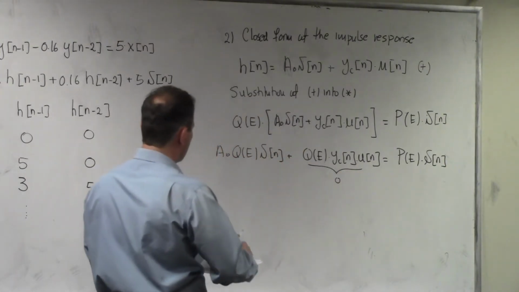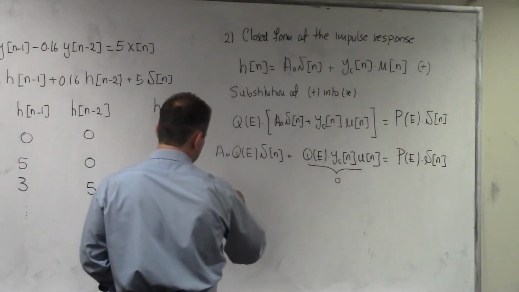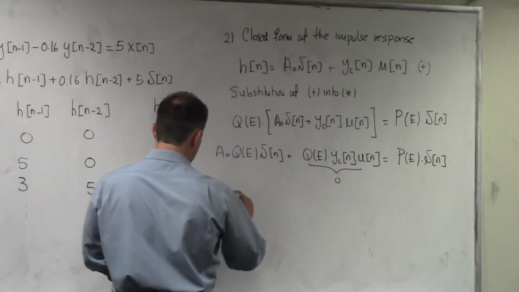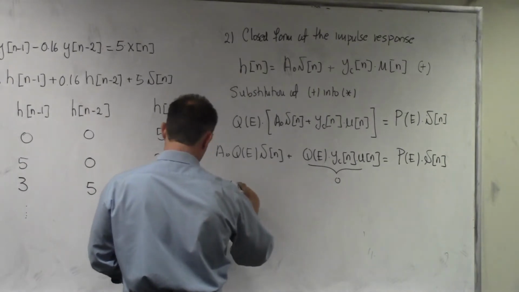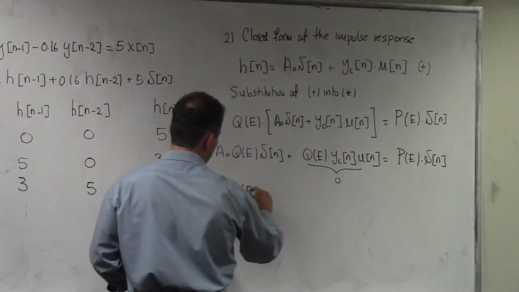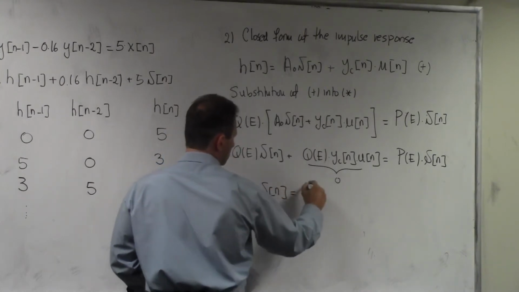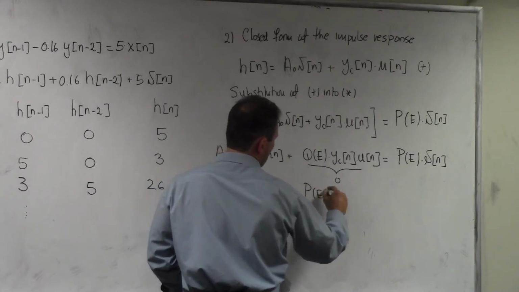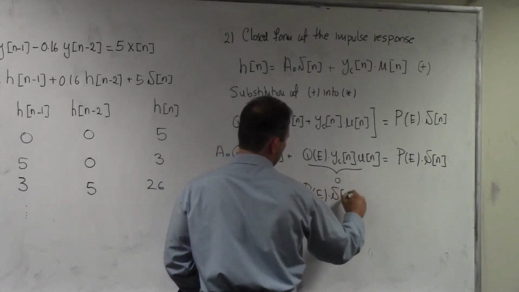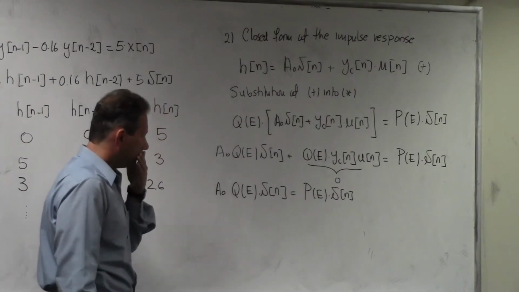And then I have the equation that says that A0 times, let me just write it first in shorthand, Q of E applied to delta of n has to be equal to P of E applied to delta of n.